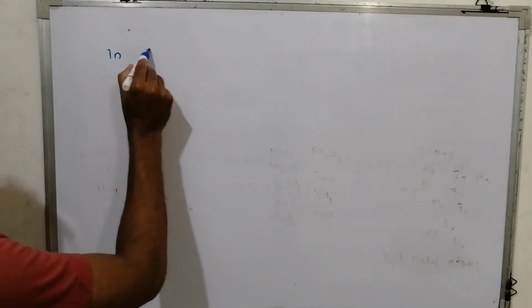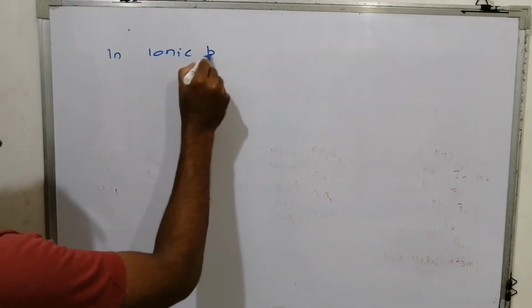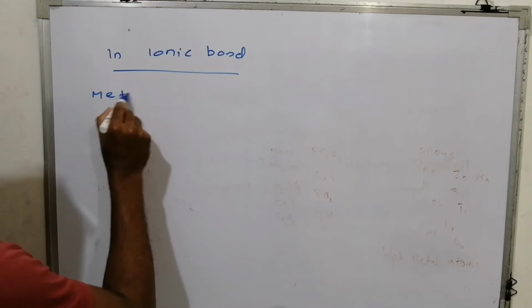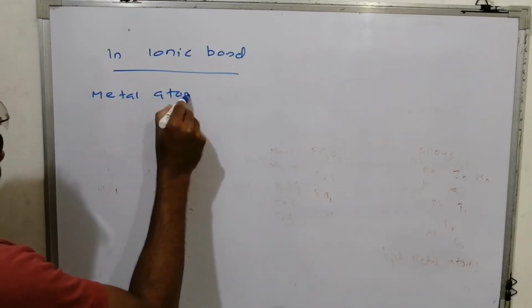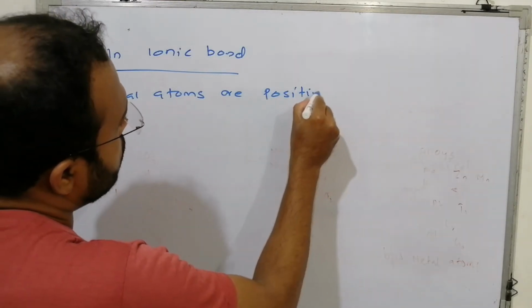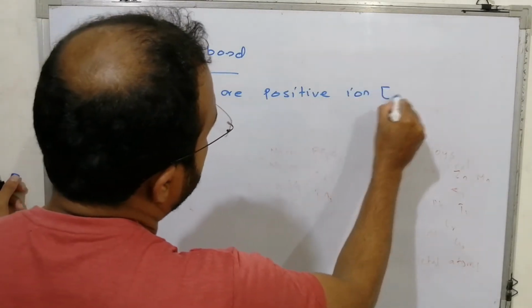In ionic bond, metal atoms are positive ion or cation.